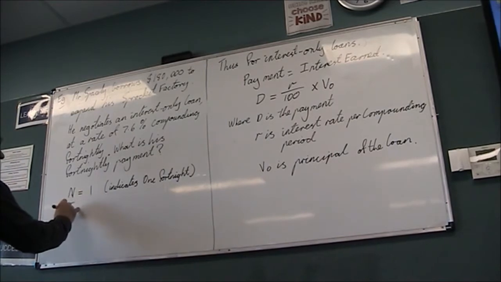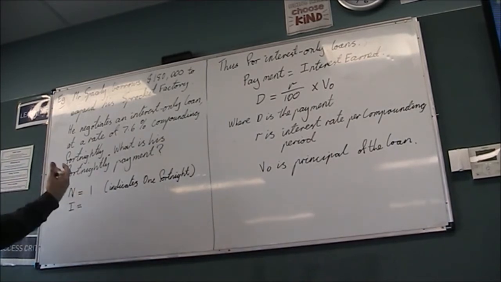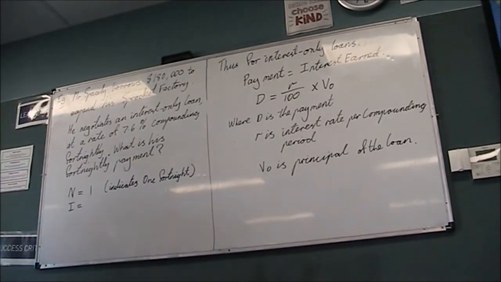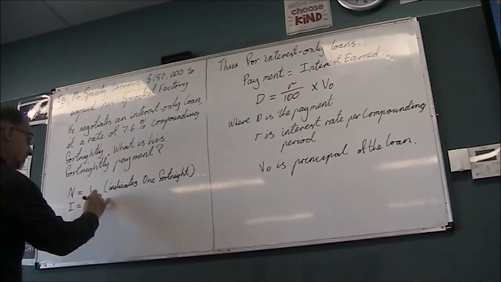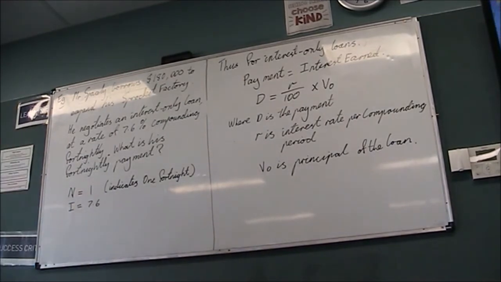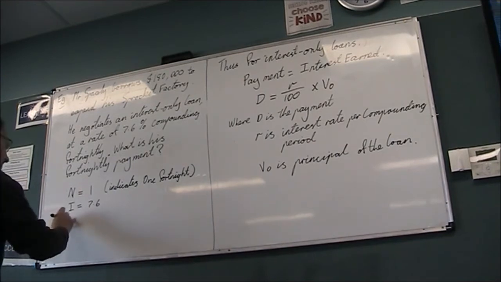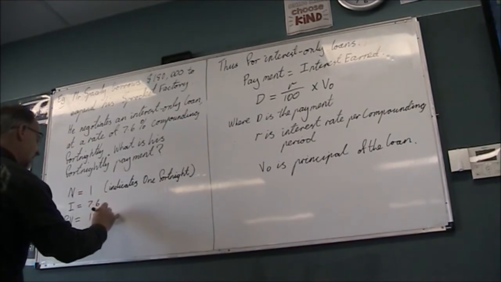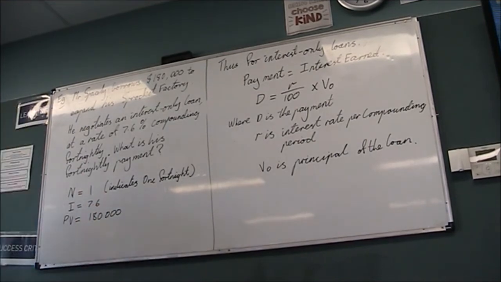And so our interest rate, if we're using the calculator, we don't have to worry about changing it for the compounding period, because the calculator's going to do that for us. So it's 7.6. Our present value, positive or negative? Positive, because Mr. Spacely borrowed that money, so he gets the money.